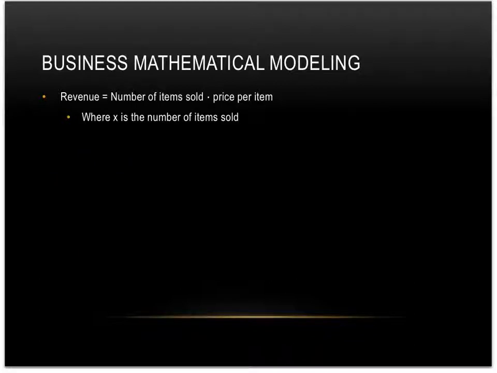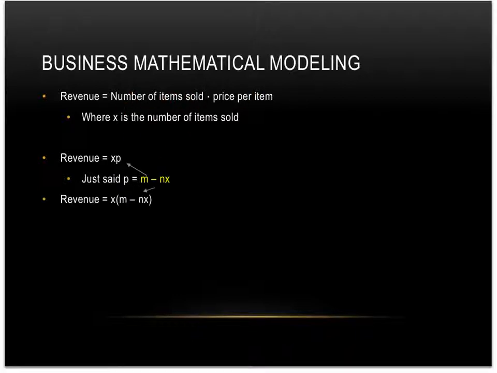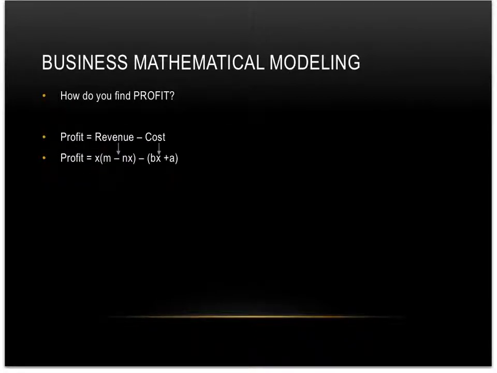Revenue is the number of items sold times the price per item, so with X as the number of items sold, revenue would be X times the price. We just said that P was this piece right here, so I could plug that in for my revenue, and then I could find profit by taking revenue minus cost.